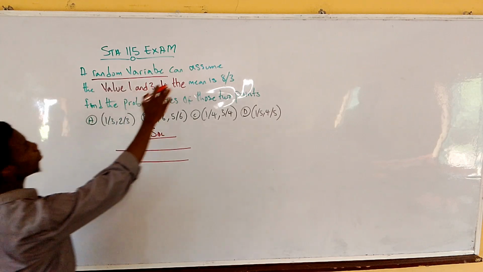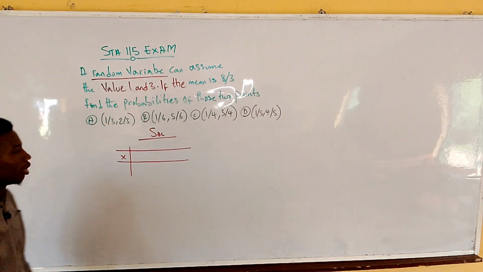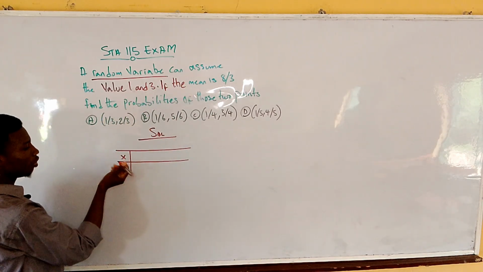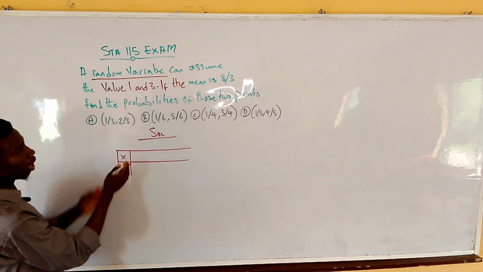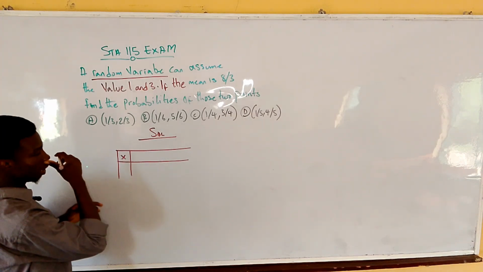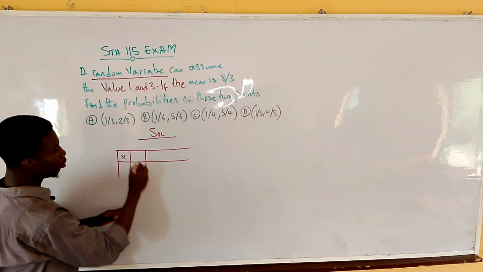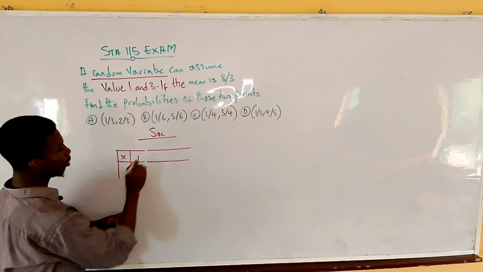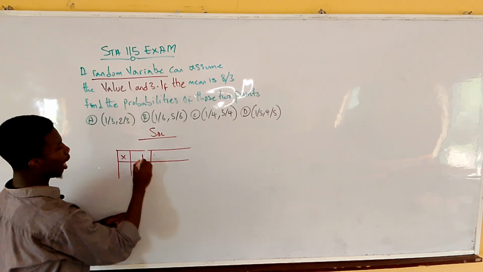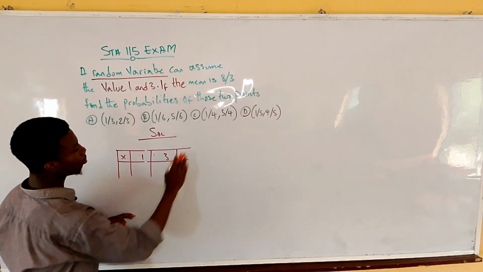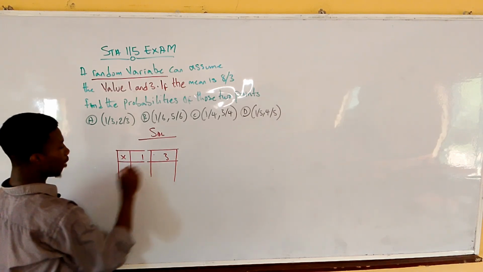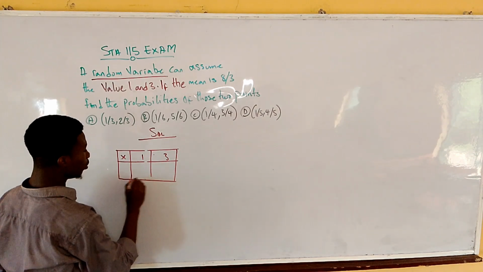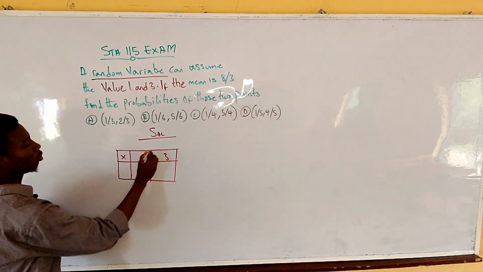Now, they are saying a random variable can assume the value 1 and 3, meaning that this random variable x is taking the value 1 and value 3.